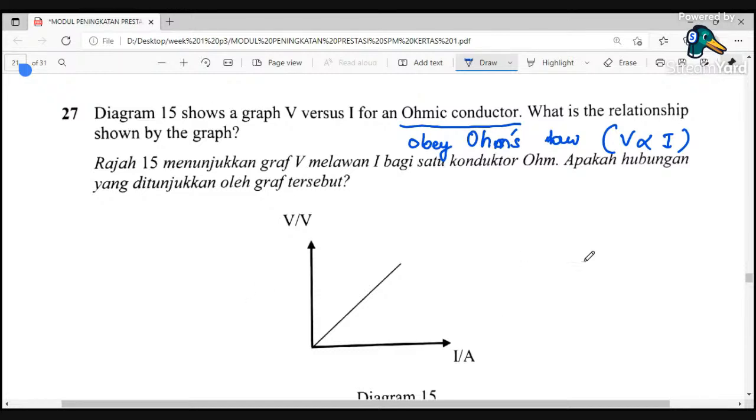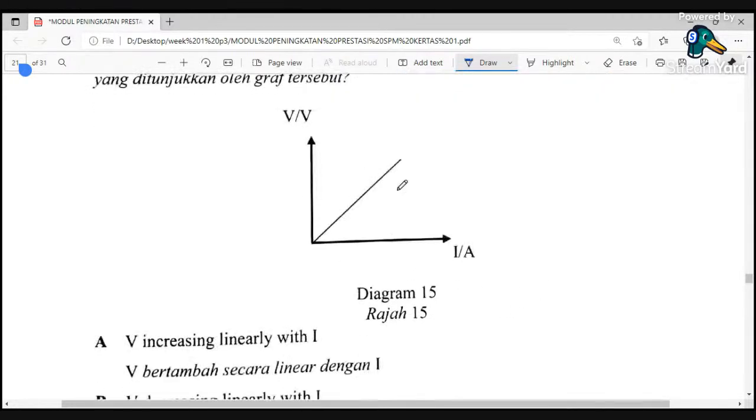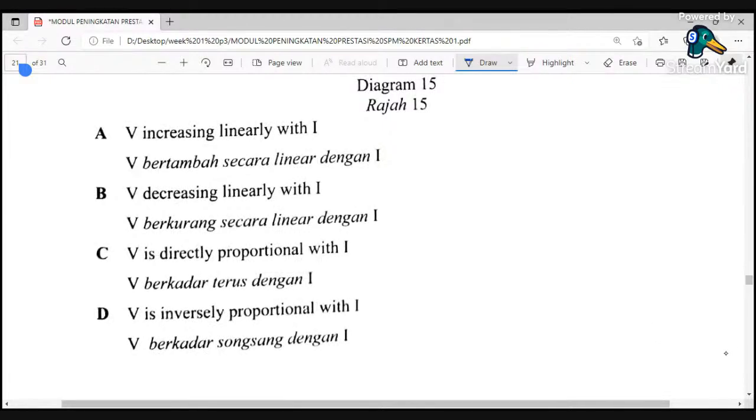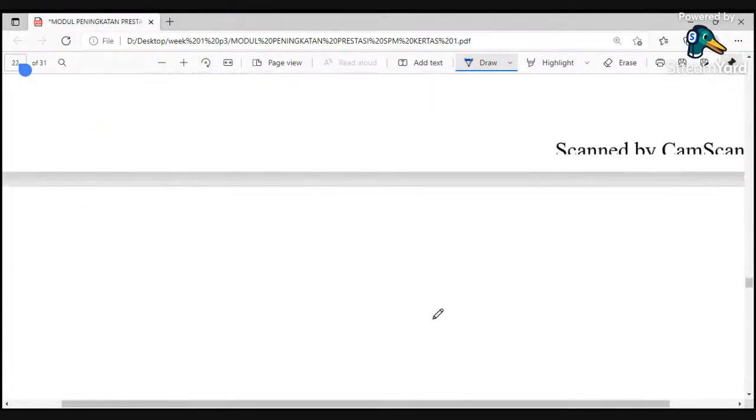Okay, so kalau you nampak sini V against I, kalau directly proportional dia akan dapat graph macam ni. Okay, jadi kalau graph dia macam tu, hubungannya ialah V directly proportional to I. Tak ada jawapan lain.